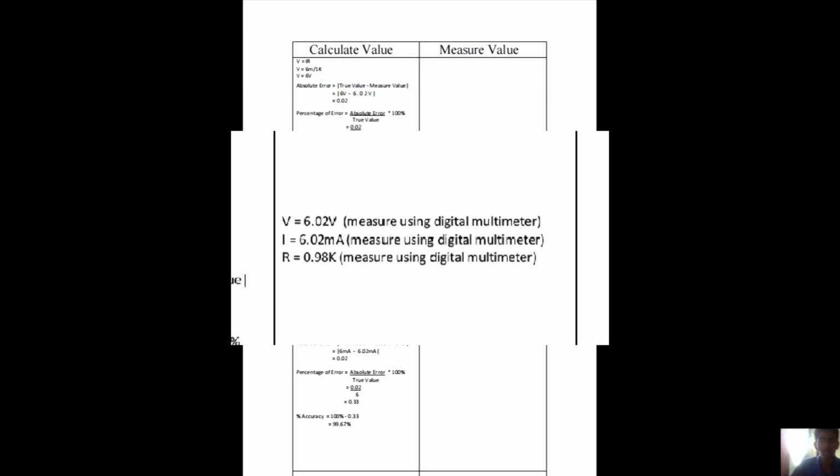For the measured values we tested in the lab, voltage we get 6.02 volts using the digital multimeter, and current we get 6.02 milliampere also using the digital multimeter. Last, we measured the resistance and got 0.98 kilo ohm with the digital multimeter. This is the simple process of calculation that we used.